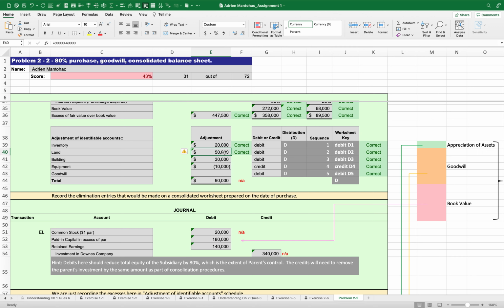We're consolidating at the end of the year because consolidations are necessary anytime you have a parent subsidiary situation where the parent owns 80% or more of the subsidiary's net assets, right? So we're doing this as part of the consolidation procedures to furnish consolidated financial statements.